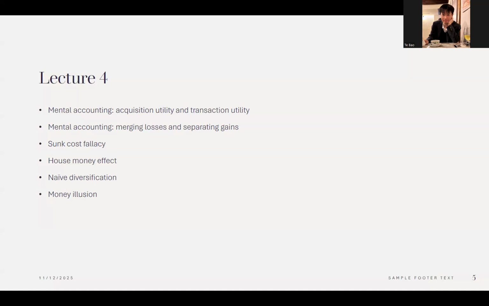And finally, we have money illusion. Money illusion refers to the case that people think about things more in nominal terms instead of real terms. It doesn't only apply to money. Especially, people tend to ignore the influence of inflation.